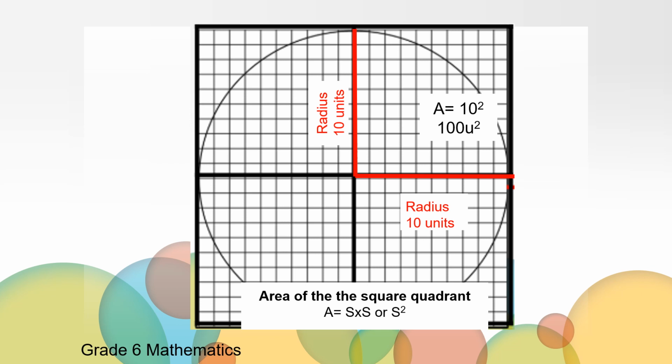So I can see that the area of this square or quadrant is 100 units squared. The side length of this square is also the radius of the circle. So I could represent the area as area equals radius squared.